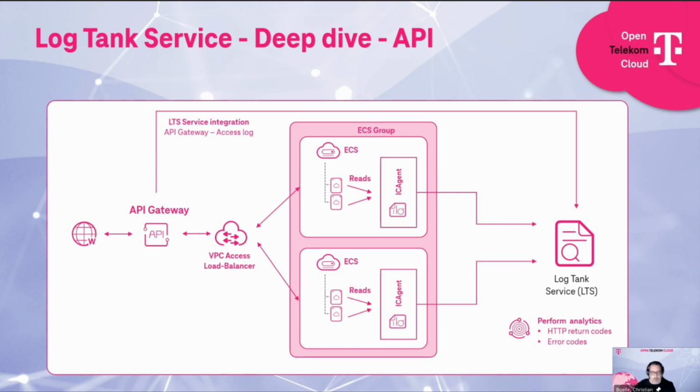Okay, so we have prepared this setup already. And maybe I want to explain one more thing. The LTS service has a central part, and it has a so-called ICAgent. This ICAgent is the part which is installed on your systems to connect to the LTS.